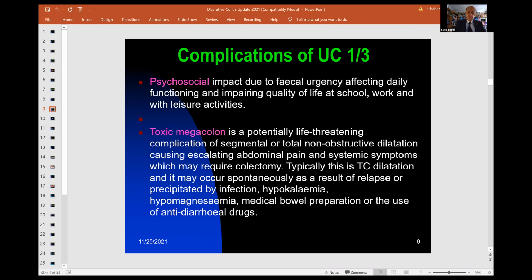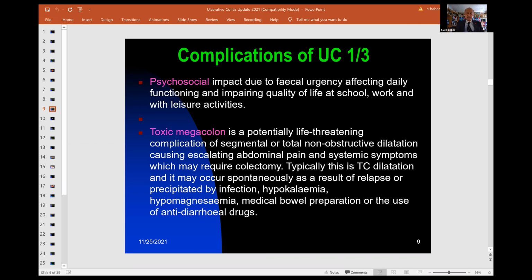Psychosocial impact is considerable in the adults who go to work but want to make sure that they are near toilets, and children who are limited in terms of their sport and other physical activities, and men are unable to enjoy leisure activities, going to the shopping mall or parks or gardens because they want to see first where the toilet is. The other complication of importance is toxic megacolon.